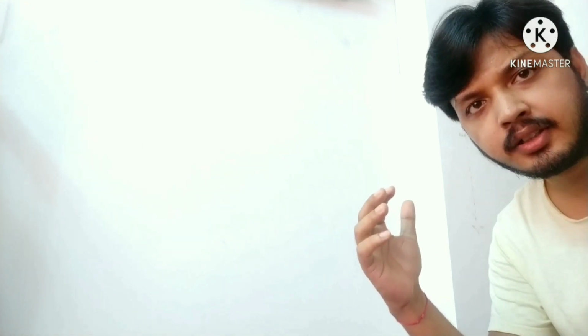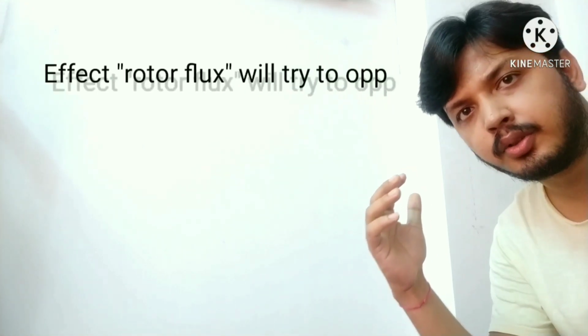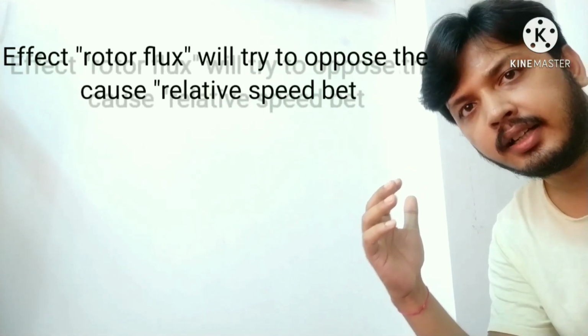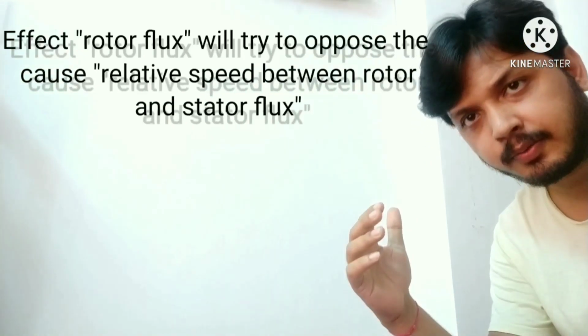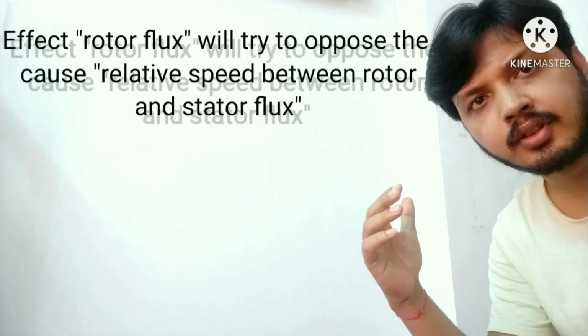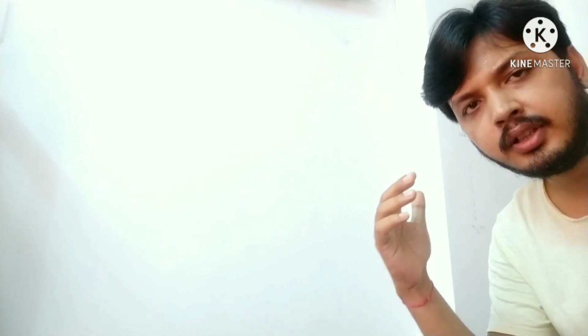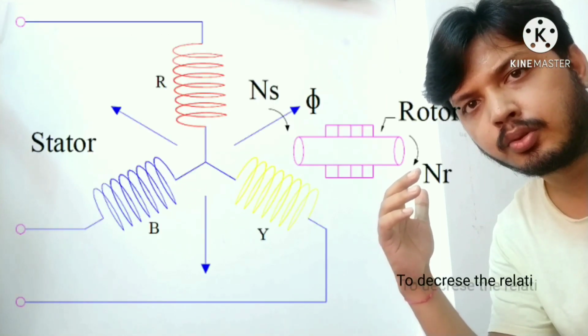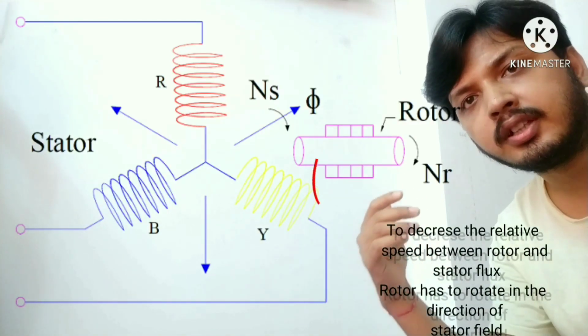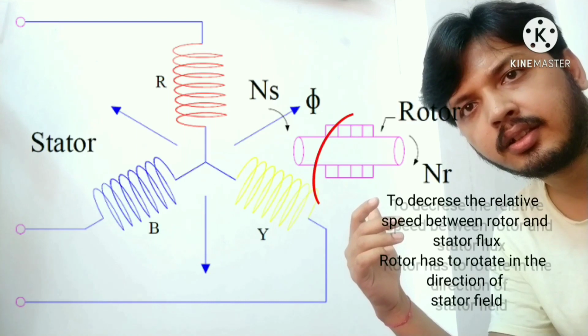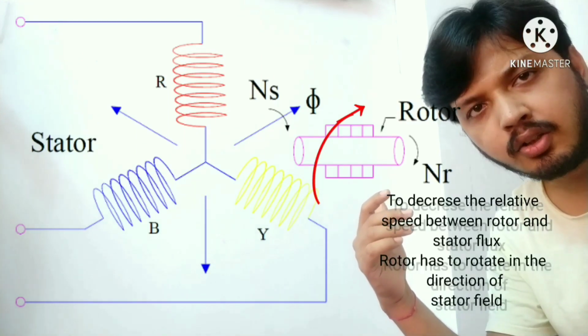So the effect, rotor flux, will try to reduce the cause, that is, the relative speed between the rotating magnetic field and the rotor. To decrease the relative speed between the rotor and the stator flux, the rotor will start to rotate in the same direction as that of the magnetic field.